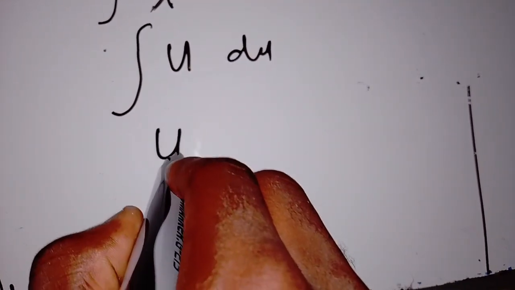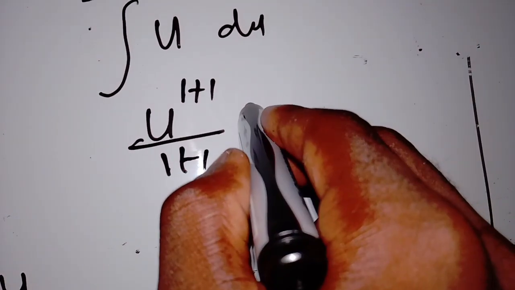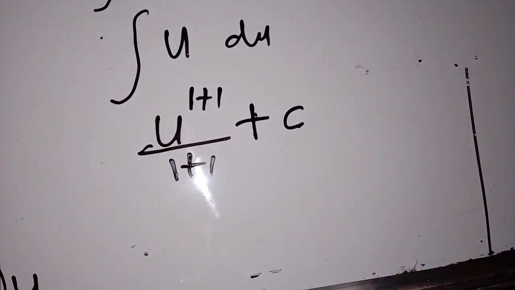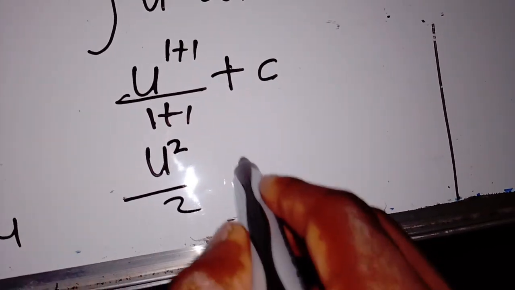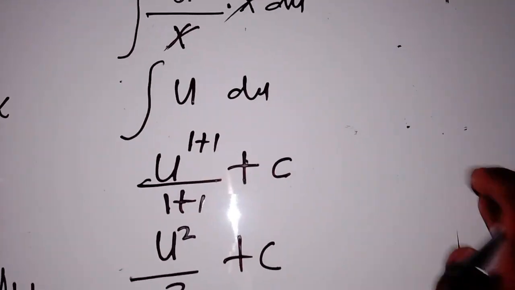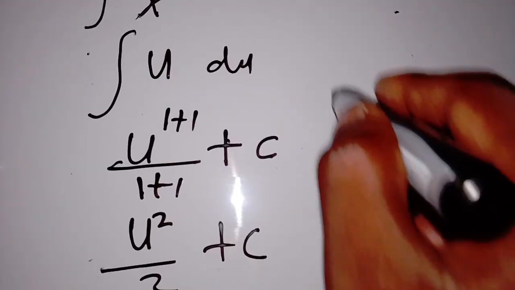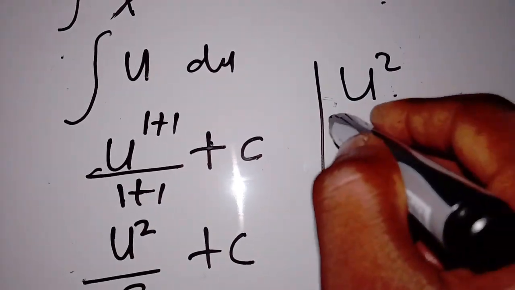Now let's integrate since we have simplified. It is u to the power 1 plus 1 over 1 plus 1. Remember, it is indefinite, so it is plus a constant. So it is u squared over 2 plus c.